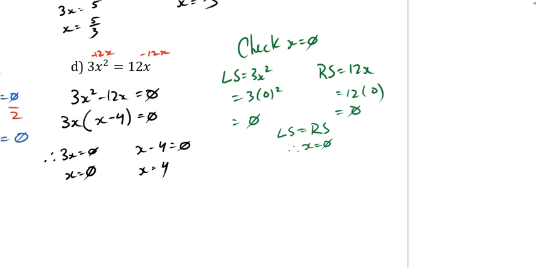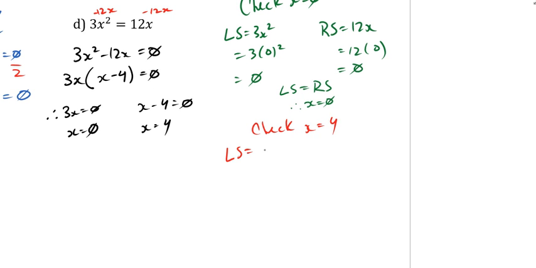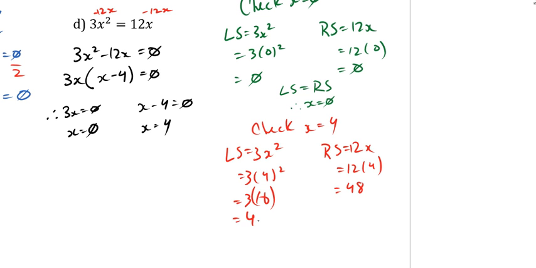Now I'm going to check x equals 4. So you would have to do them separately. Left side equals 3x squared. Right side equals 12x, which is 12 times 4, 48. 3 times 4 squared, 3 times 16, also 48.